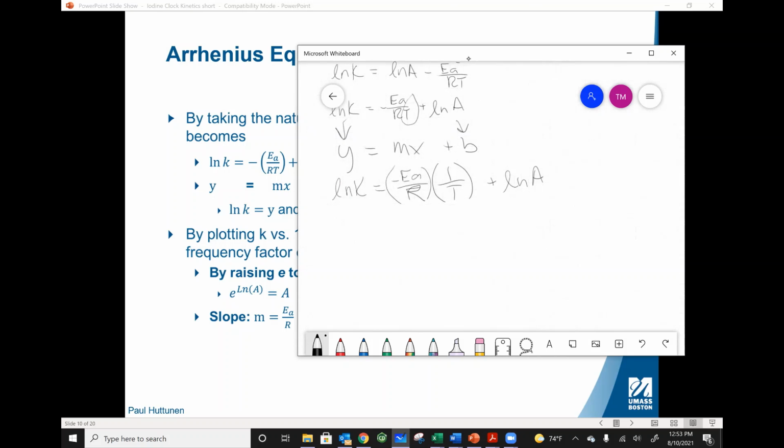So in this equation, this is y equals mx plus b. We have our x and we have our slope.